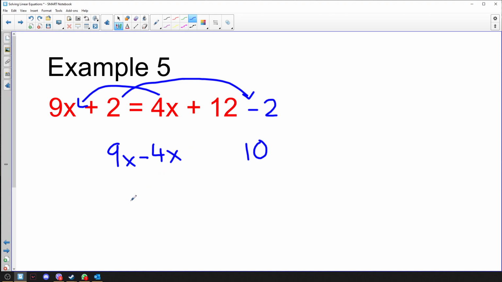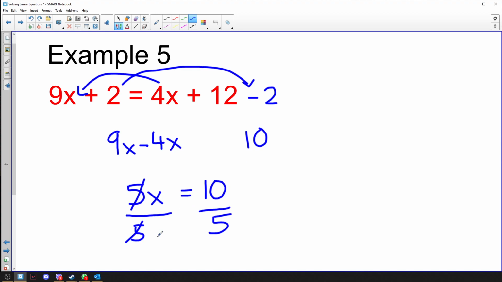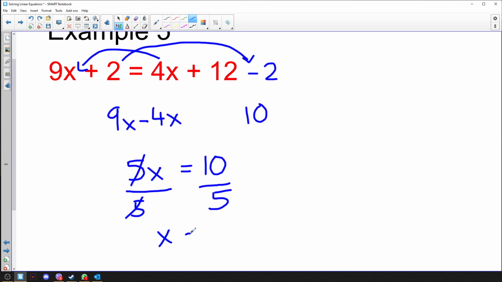So that equals 5x. 5x equals 10, and now I just divide it. Divide by 5, divide by 5, cancel it out, x equals 2.